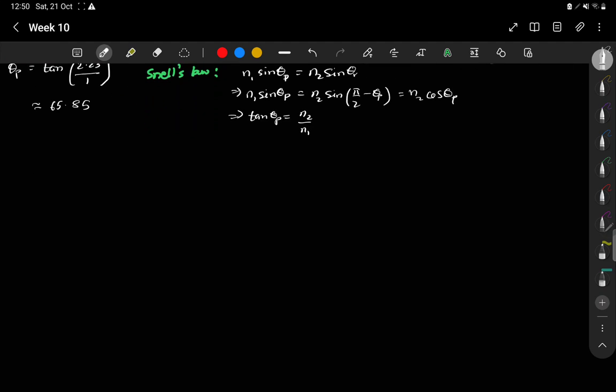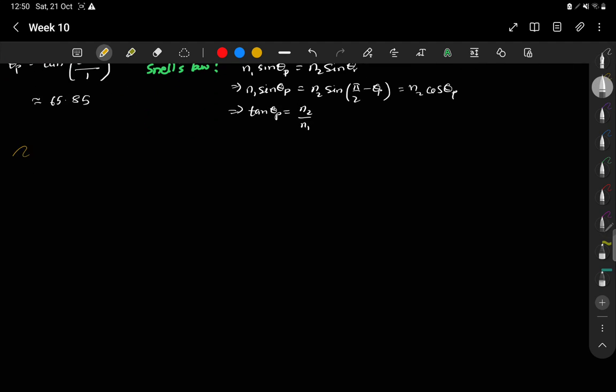Moving on to the next question. The correct statement for a birefringent medium is what we need to find out. We need to select, and these are the 4 options.